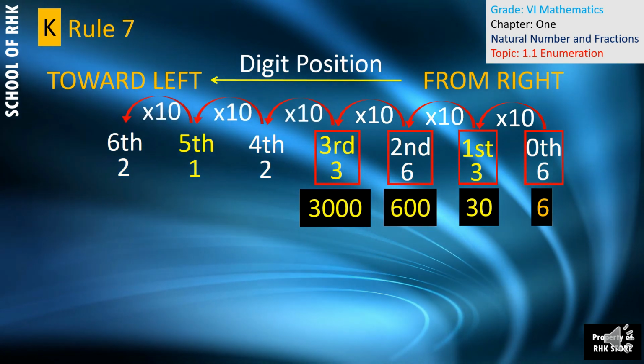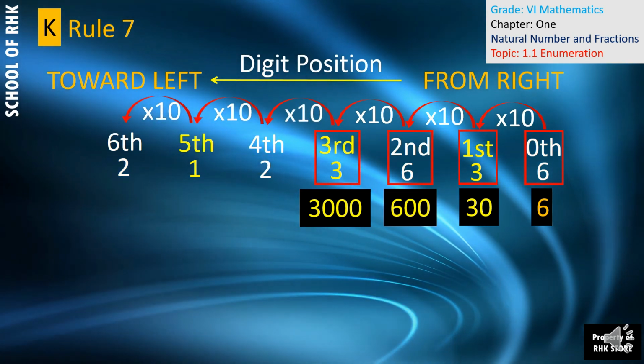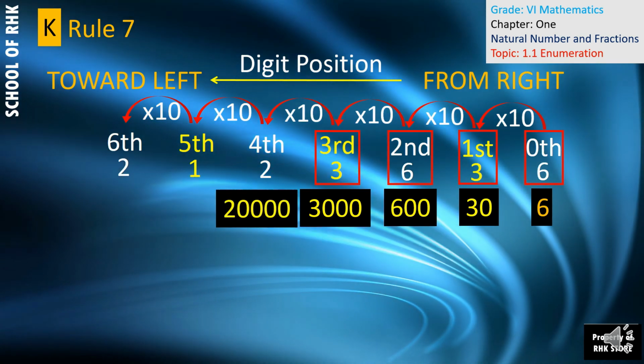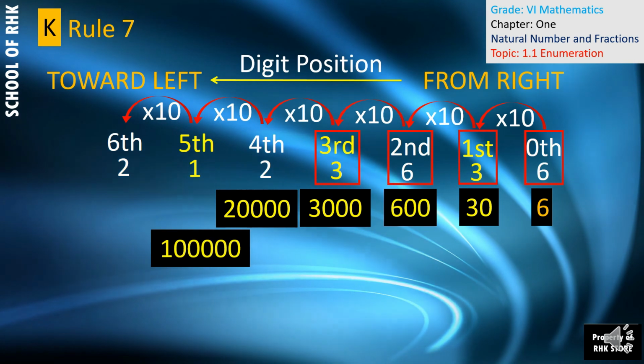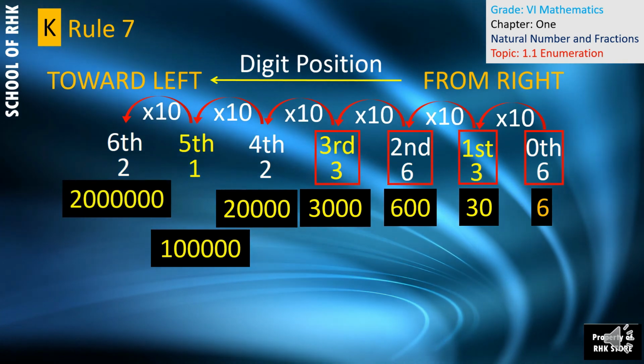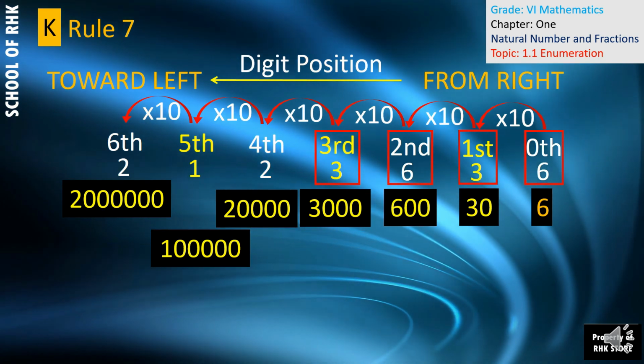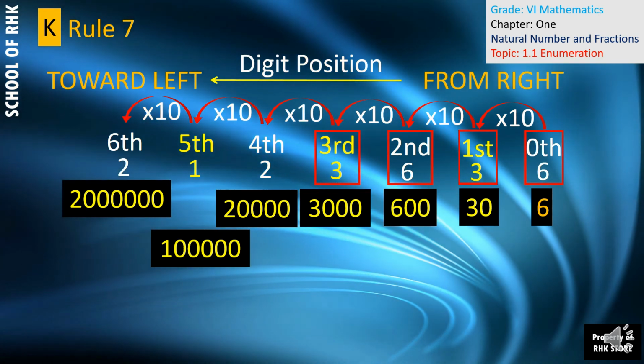In the same way, the values of the 4th, 5th and 6th places have increased 10 times from their previous place values multiplied by the respective intrinsic values.